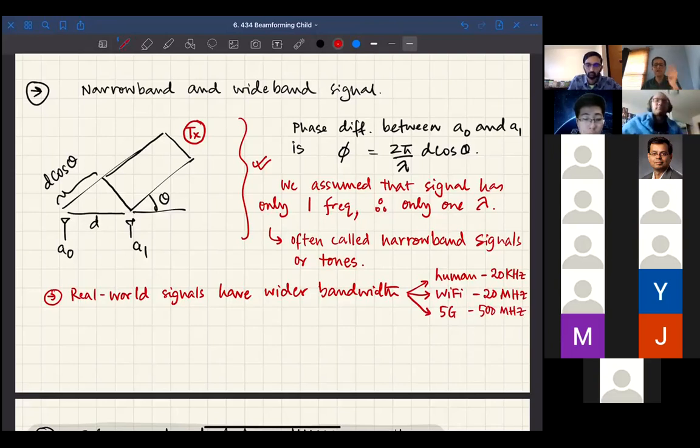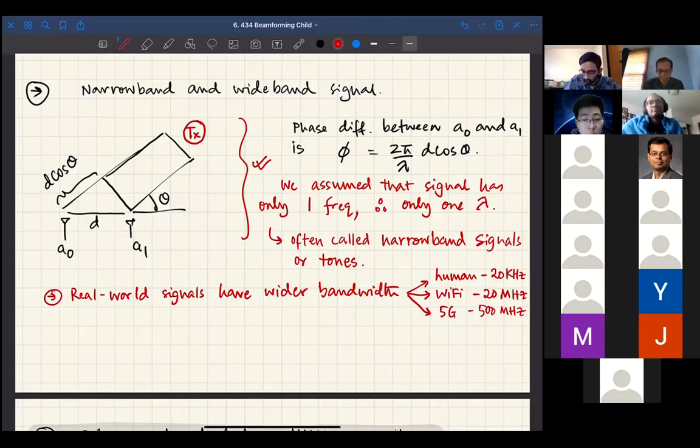Okay. So now if I tell you, okay, guys, your cell tower is transmitting a Wi-Fi signal, or your Alexa says, okay, Bob is saying, hi, Alexa. What is the phase difference between two antennas? Your answer should be, hey, there's no single phase difference. Every frequency will have a phase difference.